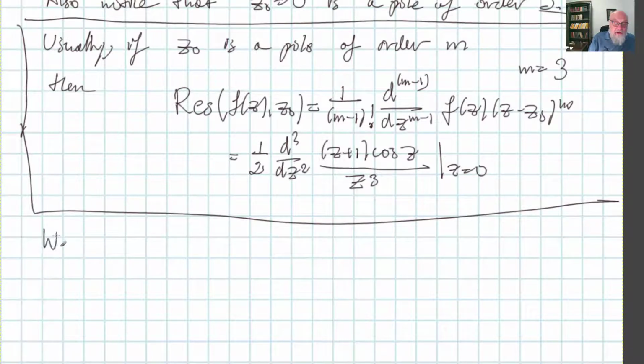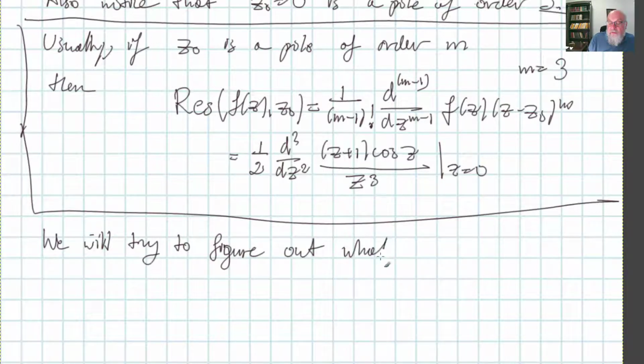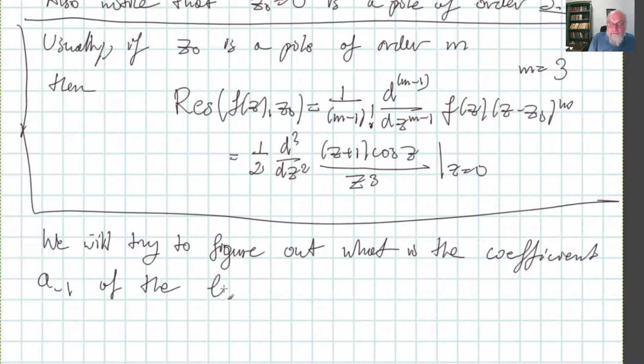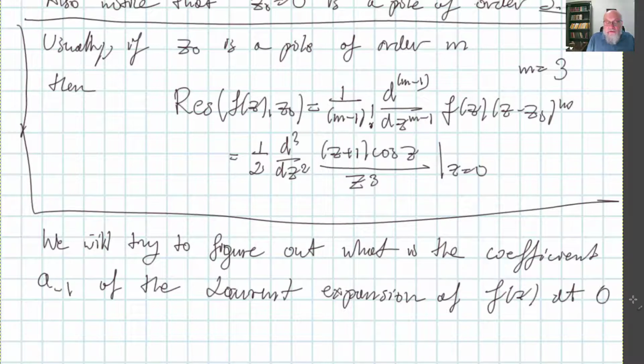Namely, we will try to figure out the coefficient a minus 1 of the Laurent expansion of the function f of z at 0. So let's try to do it.